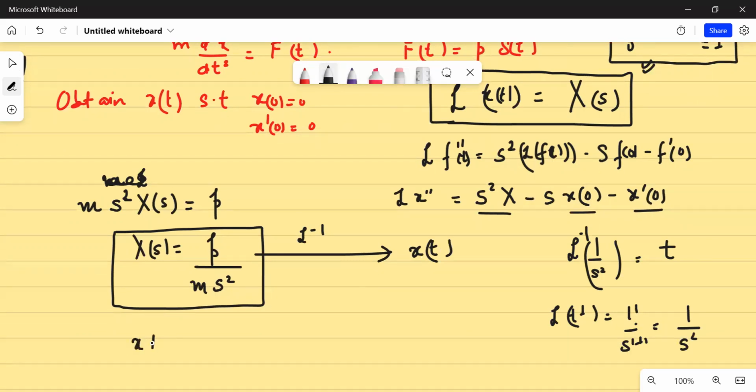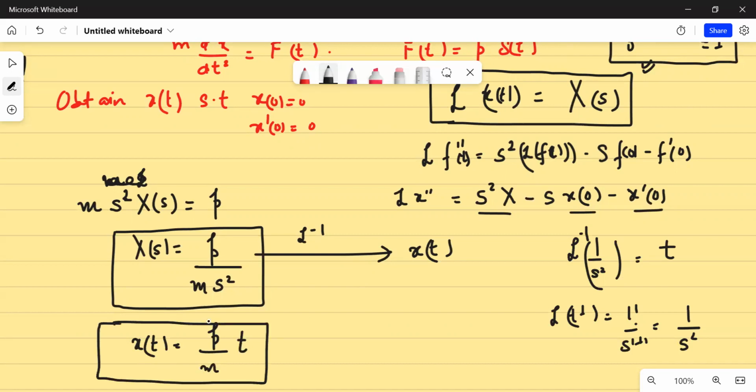So x as a function of t would be simply p upon m into t. So this is what was required by us. Is that clear?